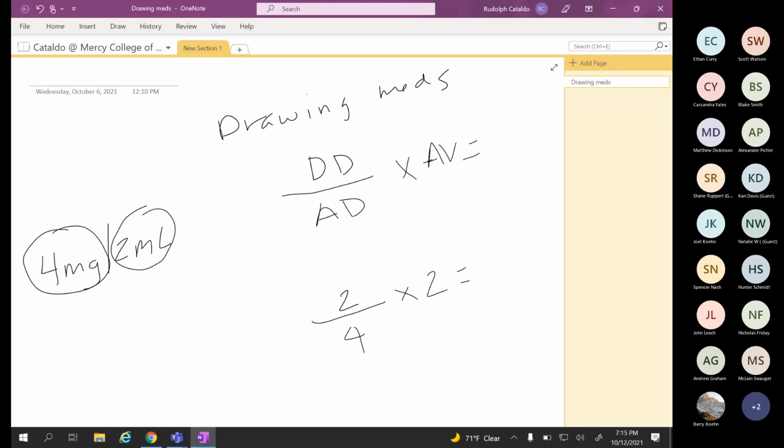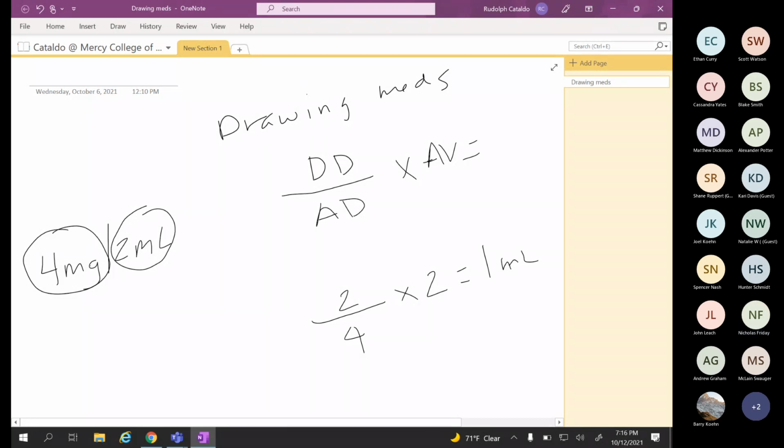what's 2 divided by 4? 2 divided by 4 is 0.5. So 0.5 times 2 equals 1 mL. Does that one kind of make sense? Yeah.